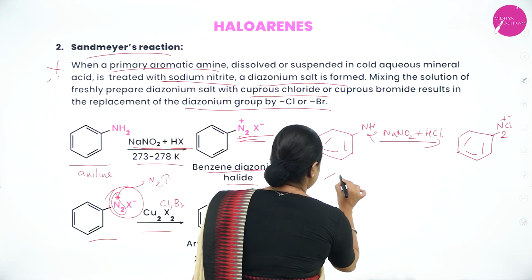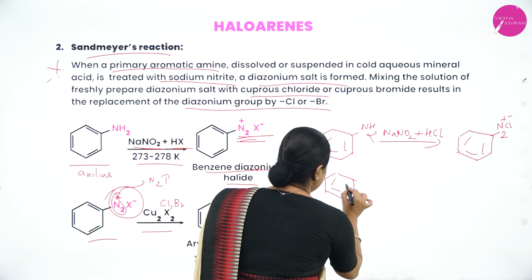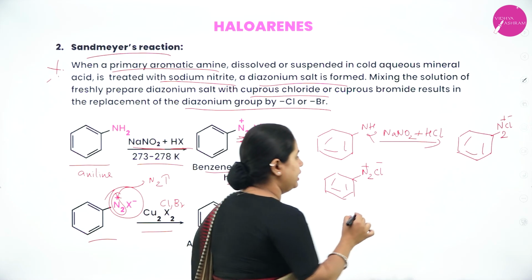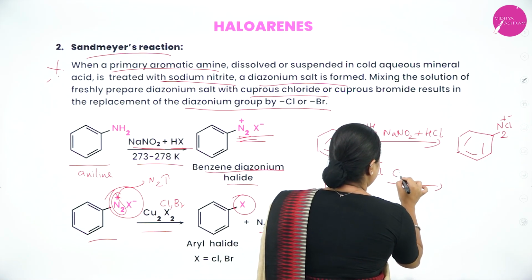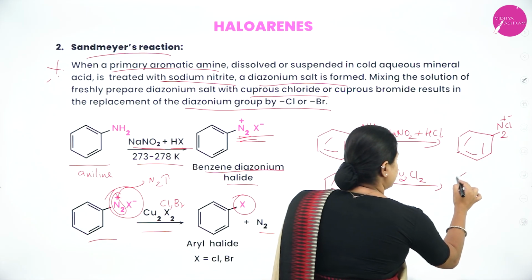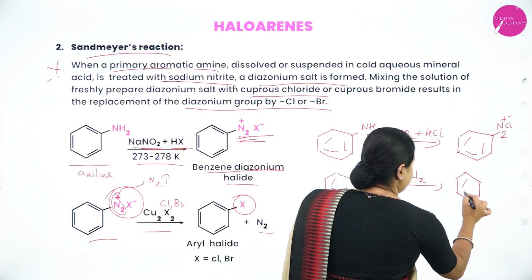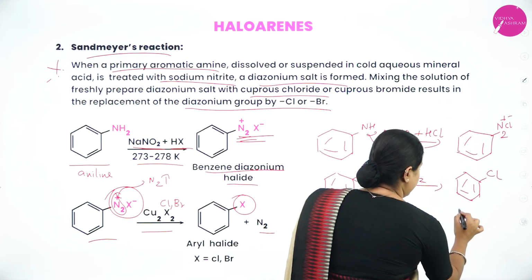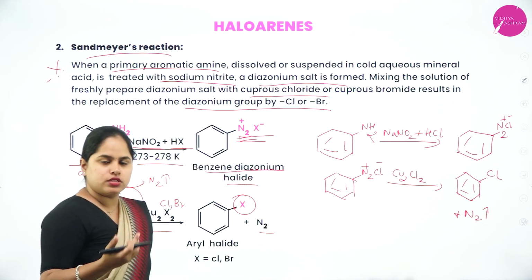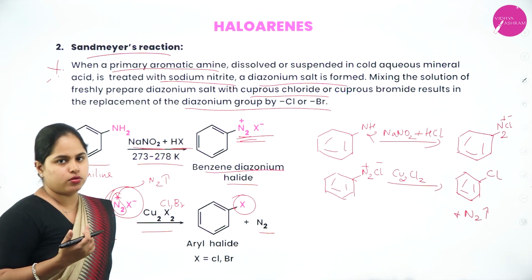Taking the same example, this is the benzene diazonium halide, and to that in presence of Cu2Cl2, cuprous chloride, what happens? Nitrogen gas will be liberated and you will get chlorobenzene. So this is how haloarene is formed according to Sandmeyer's reaction.